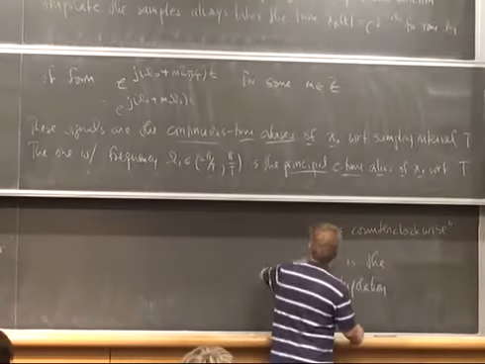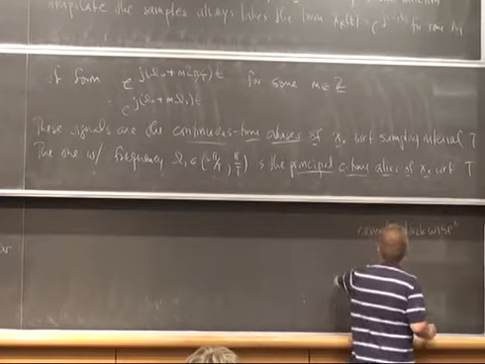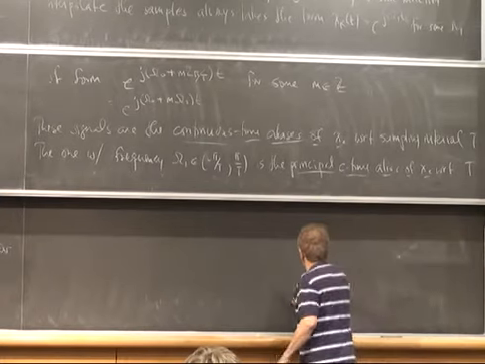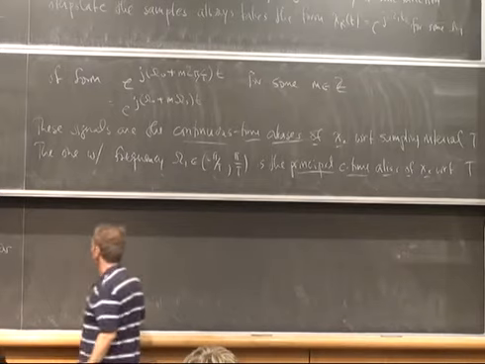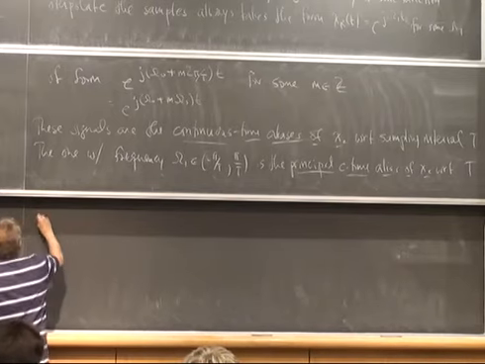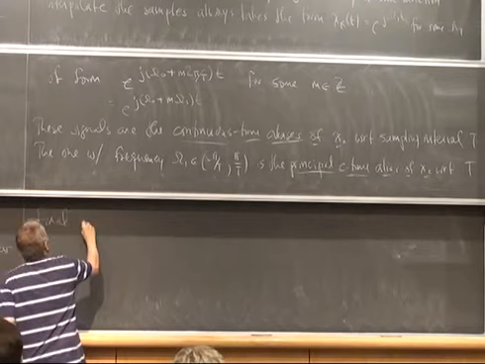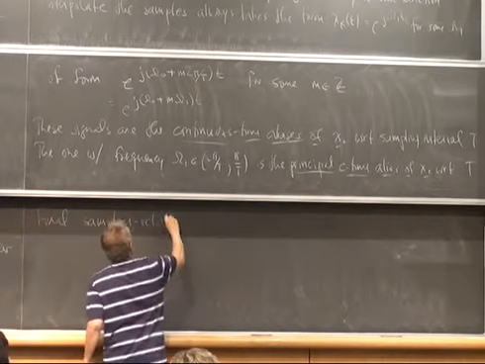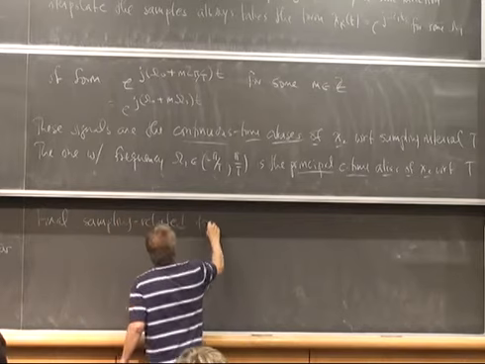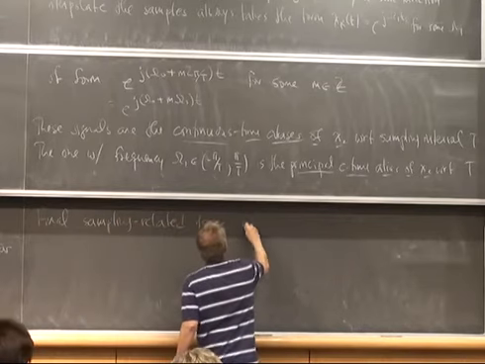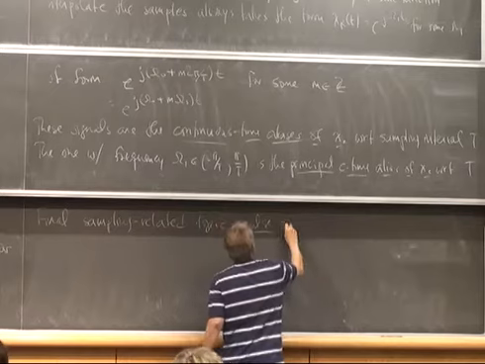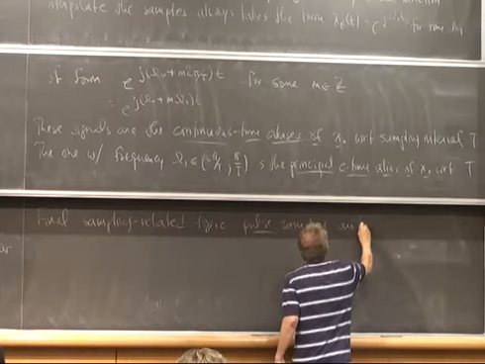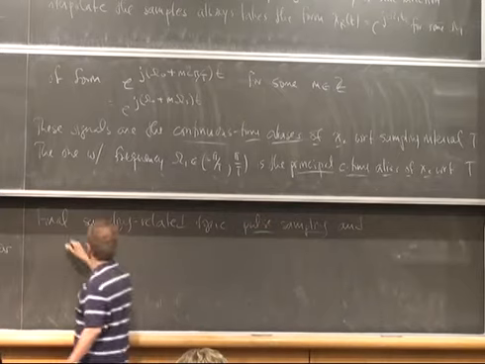And this won't take very long. It'll take longer than 3 minutes, which is about what we have left. But I want to introduce some notation so we can move on. So here's the final sampling related topic, and that is pulse sampling and time division multiplexing.